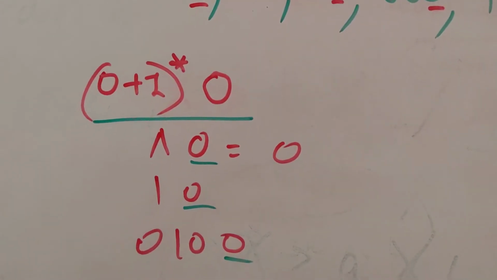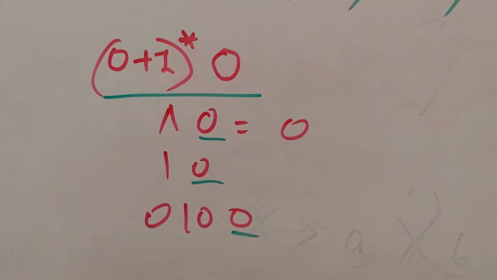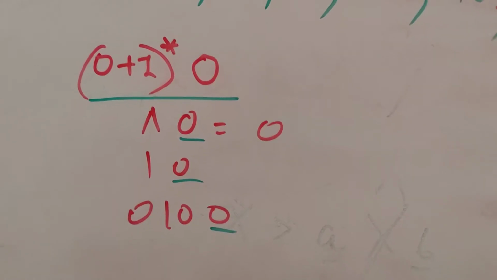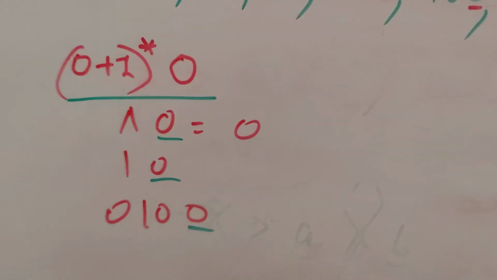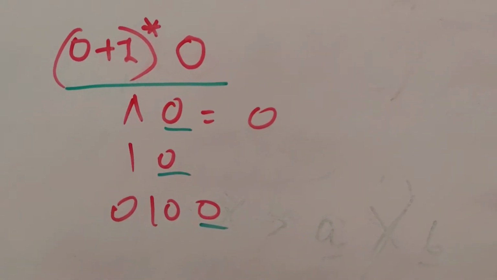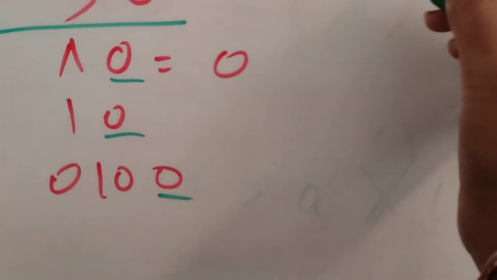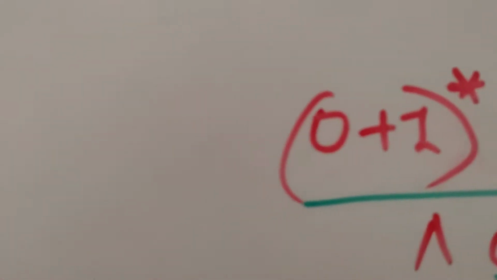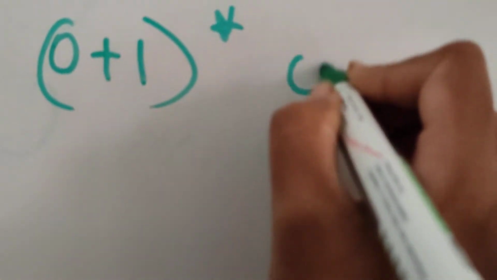Now from this I want to make a context-free grammar. So I'll have to make the context-free grammar equivalent to the regular expression. We start with the starting symbol, so suppose I am taking starting symbol S. The example given is (0+1)*0.